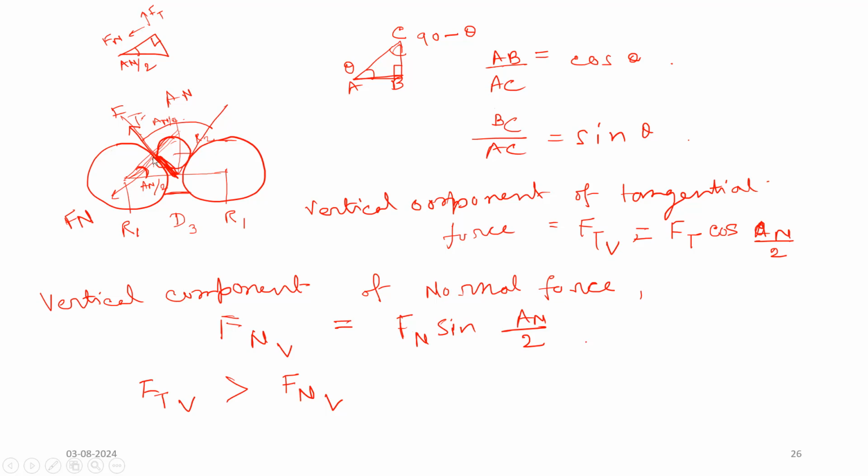When the vertical component of the tangential force is greater than the vertical component of the normal force. Now if you write the expression, FTV is Ft cos n by 2 greater than Fn sin n by 2.